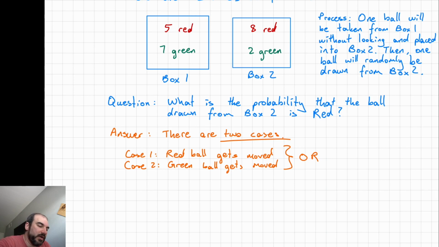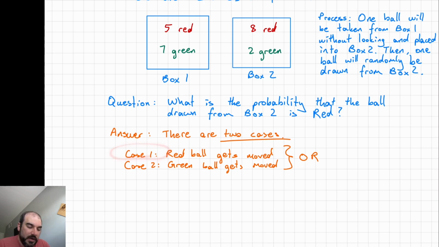Yeah, there is no overlap between case 1 and case 2, meaning a red ball gets moved and a green ball gets moved is impossible. Either one or the other one happens exclusively. So if there is no overlap, then you can just add the two probabilities together.